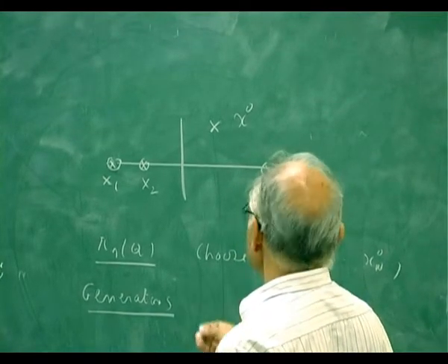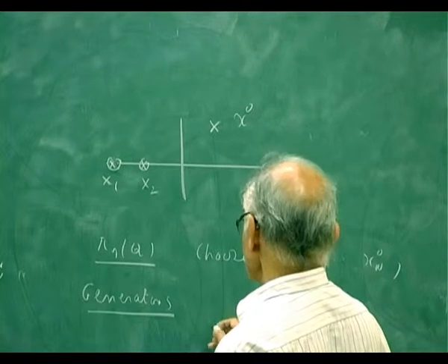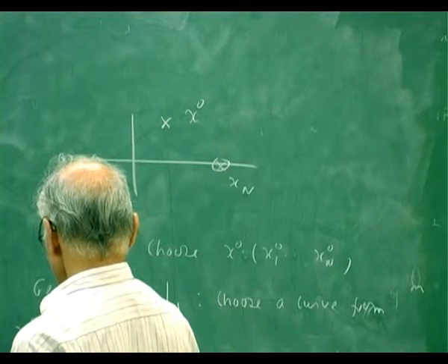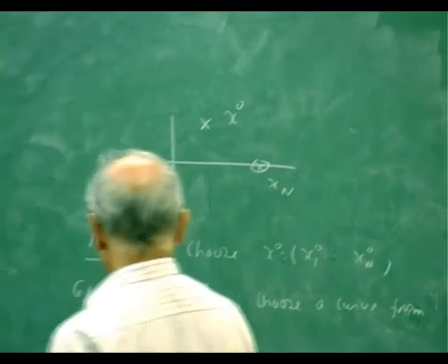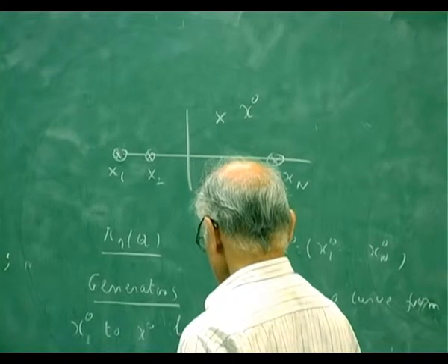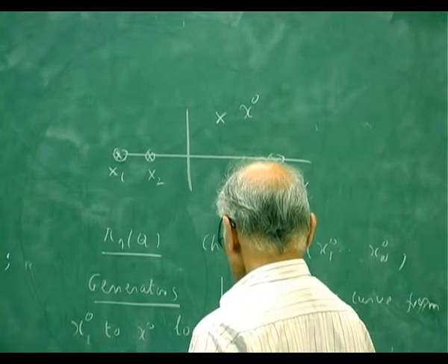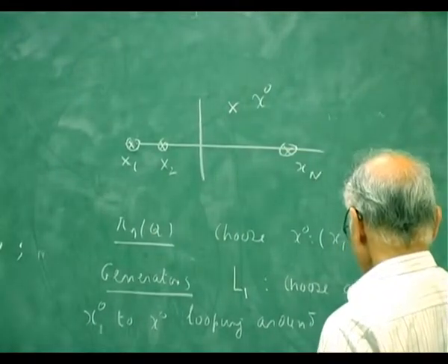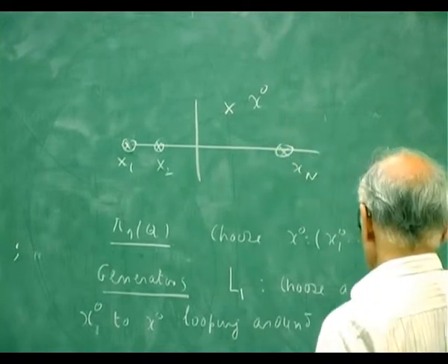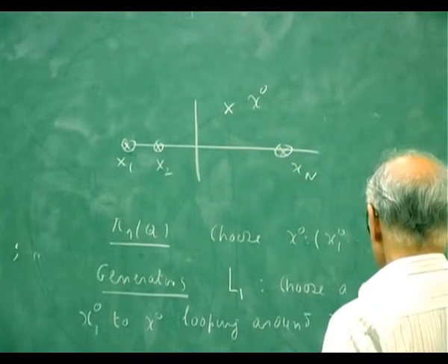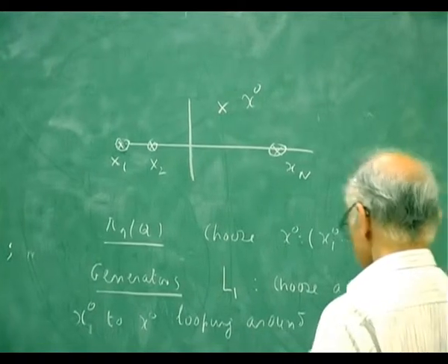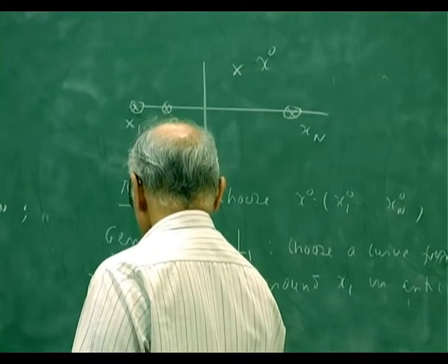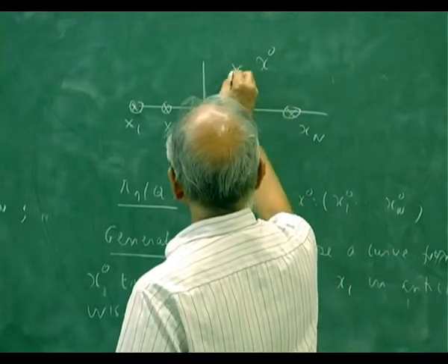Take a particular loop, which I call starting at x0 and returning to x0, looping around this point x1 in the anti-clockwise direction. So I take a curve like this.